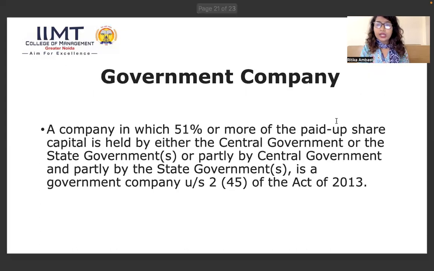Next is a government company. As the name suggests, it is a government company. That means shares held by the government. Simply, we will discuss the section and act under the Companies Act 2013, subsection 45 of section 2, which says a company in which 51% or more of the paid up share capital is held by either the central government or the state government, or partially by the central and partially by the state government, is a government company.